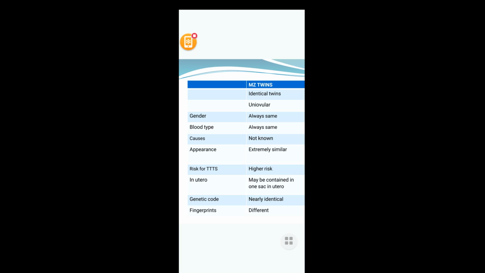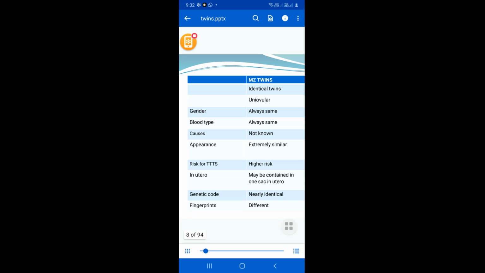So when a pregnancy has resulted from monozygotic twins, remember it has been a division of a single ovum fertilized by a single sperm. Then what happens? The gender will be the same, they will be identical, the blood group will be the same, appearance will be mostly similar, and the genetic code will be nearly identical.